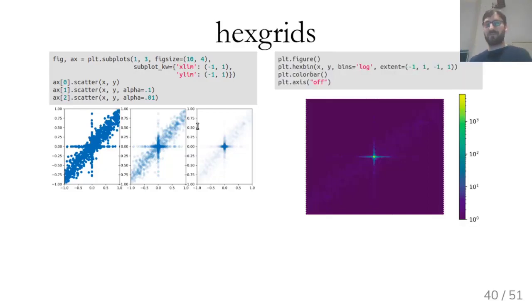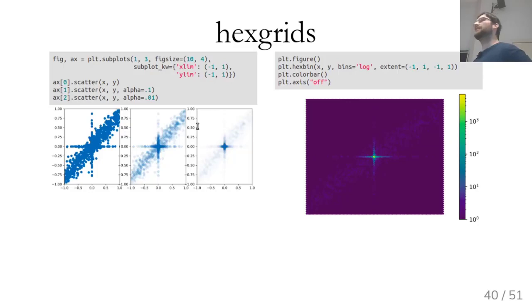So my favorite thing is hex grids. What hex grids do is basically 2D binning. And so what you're doing is you compute a density map.